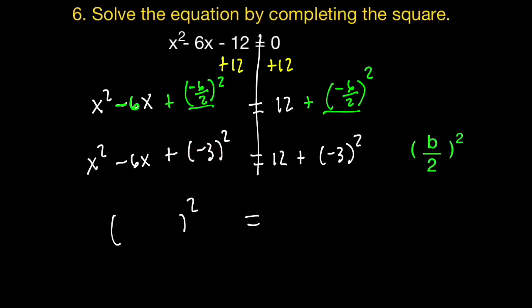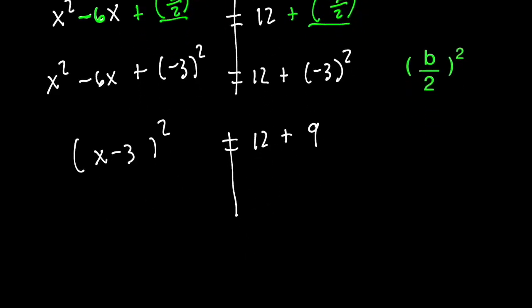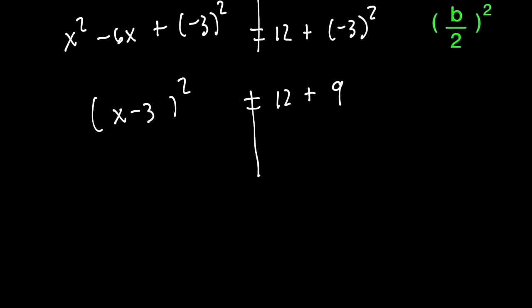And to find what goes inside of the parentheses, all I have to do is grab the x term and then grab the negative 3. So here I have x minus 3. And on the right, I'll have 12 plus negative 3 to the second power. That's going to give me a positive 9. With a little bit of simplification, I have the statement x minus 3 quantity squared equal to 21.